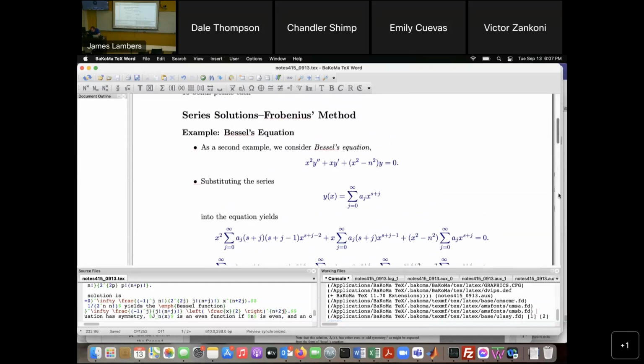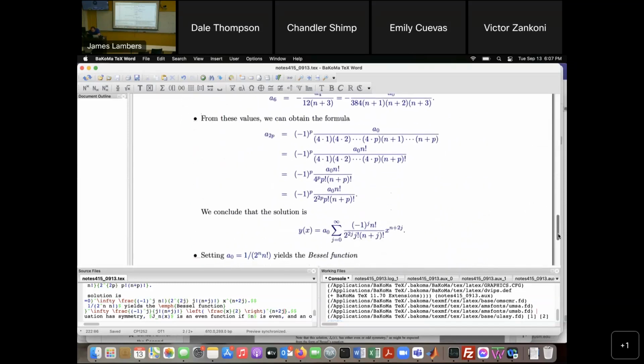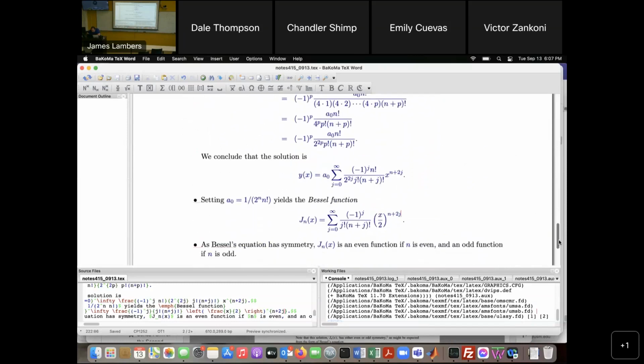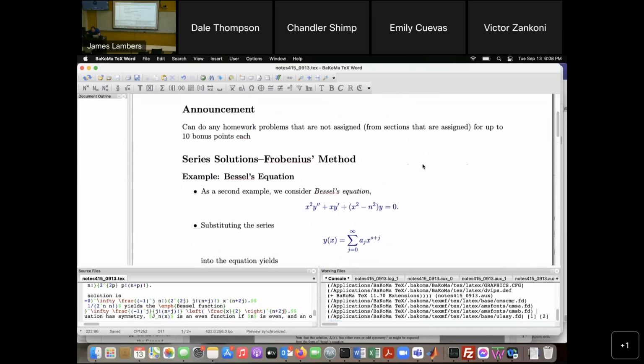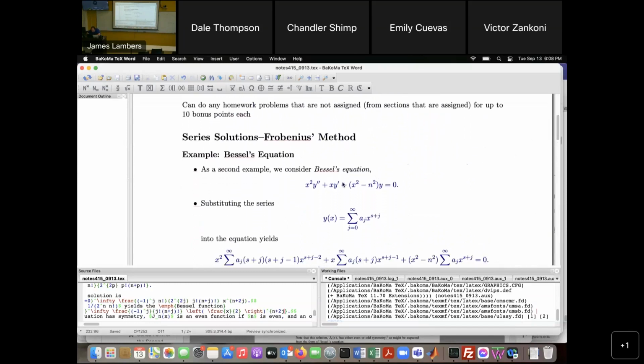Actually, I'm going to say Bessel's equation has symmetry. If you replace x with minus x, but you have to be careful how you do it. For instance, if I replace x with minus x here, of course the x squared doesn't change. This doesn't change either.